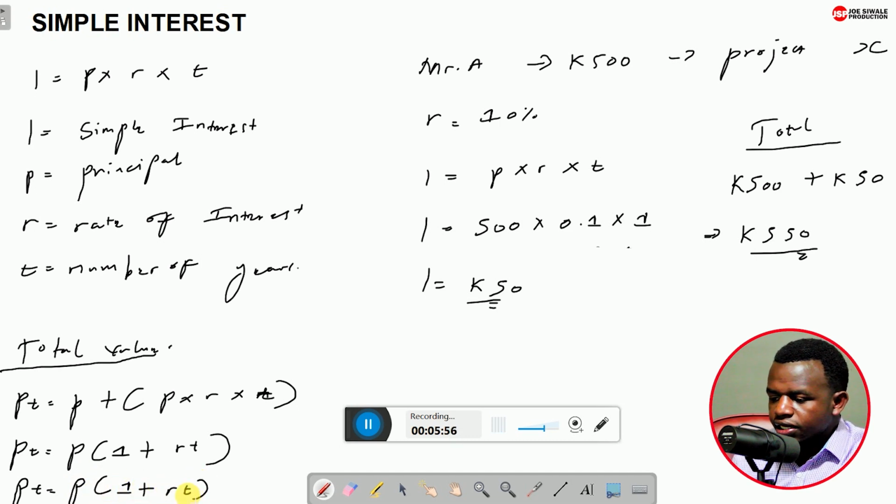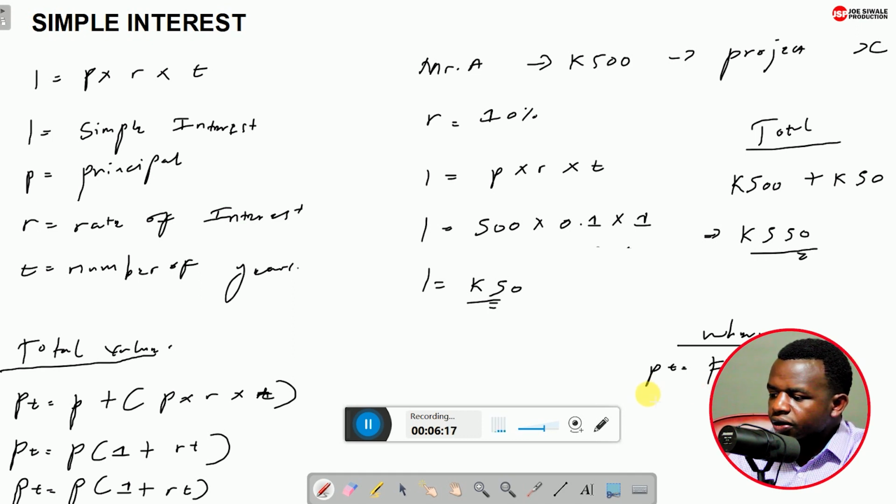So that's the formula. Here we can say where our PT represents the total value of the investment or the future value. So this is the future value.